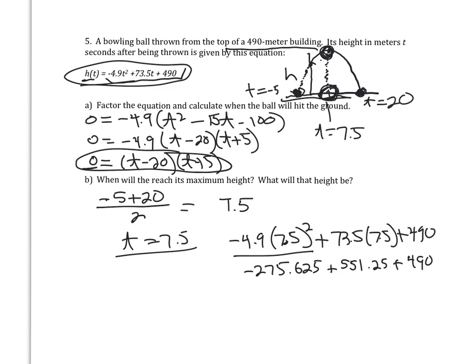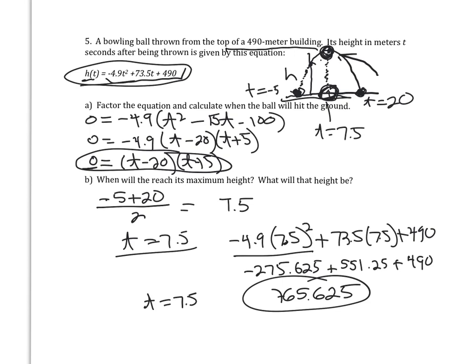And so when we add all of those together, we get 765.625 meters. So when t is equal to 7.5 seconds, this ball will be at its highest point here, which is the vertex of this, and the height will be 765.625 meters, what we calculated here.